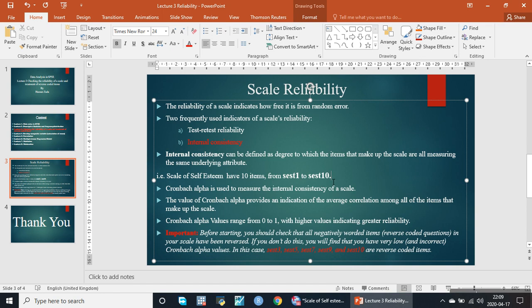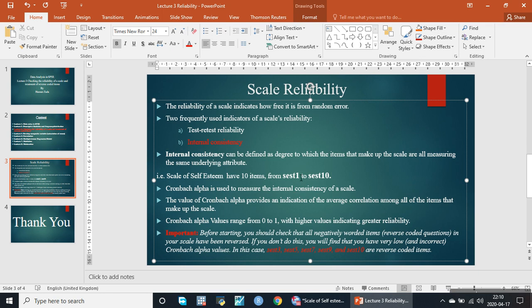If all of the 10 items are measuring self-esteem, then we can say that the scale for self-esteem is reliable. If the 10 items are not measuring self-esteem, then we will say that the scale of self-esteem is not reliable. So how will it be reliable?